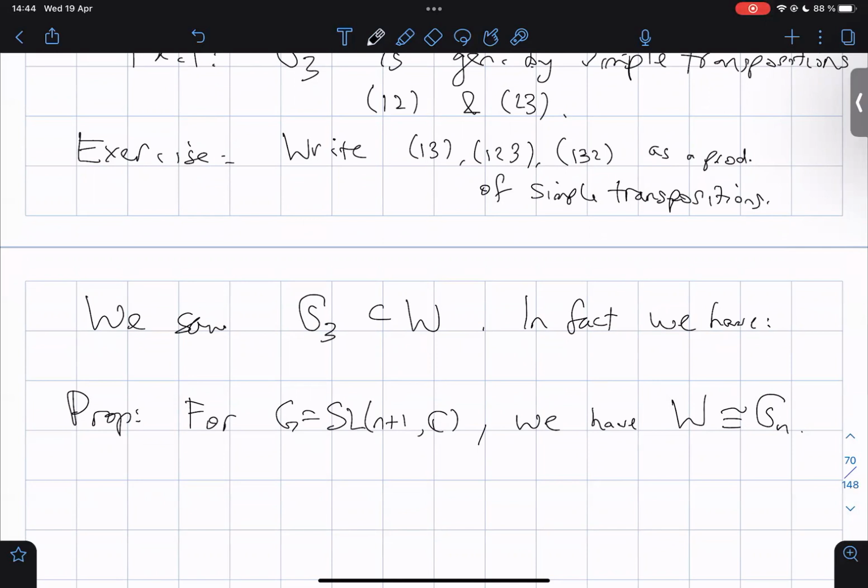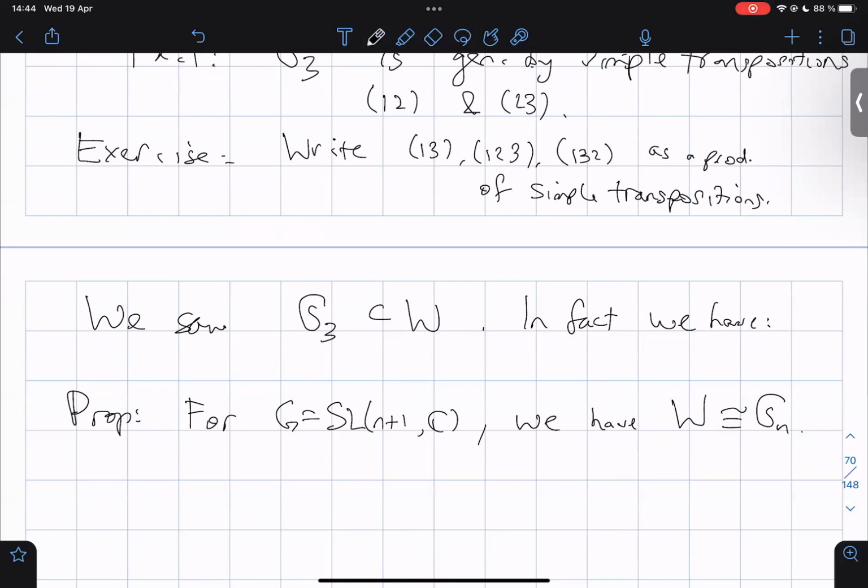So this Weyl group is an important group. It's an example of a finite reflection group. There's only finitely many elements, six elements here. These finite reflection groups are also called Coxeter groups.